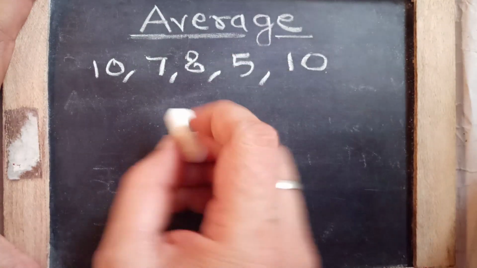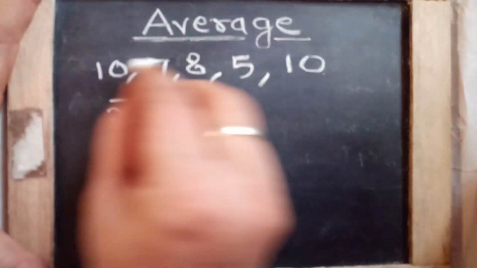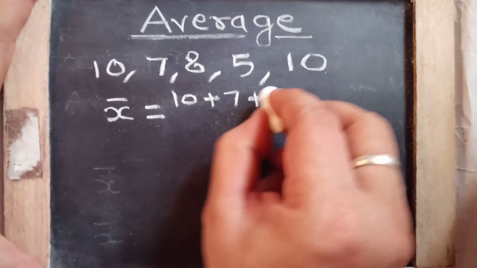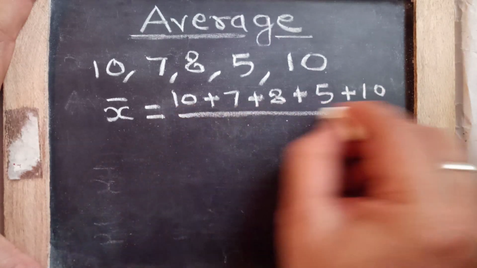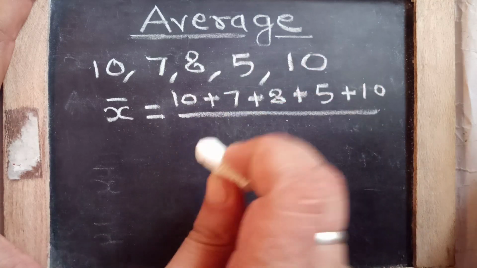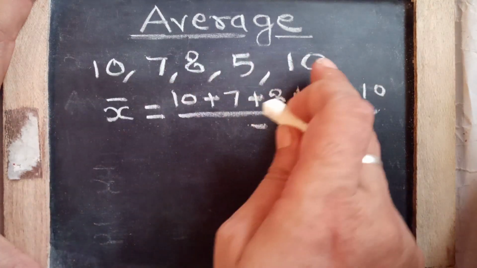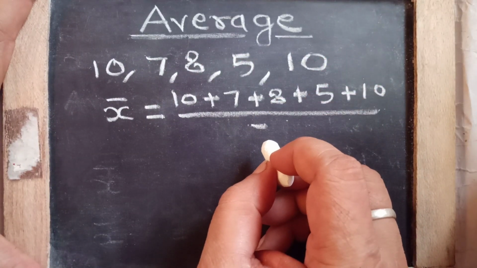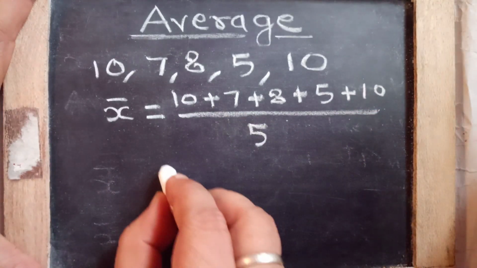The formula of average is x bar equal to sum of observations, 10 plus 7 plus 8 plus 5 plus 10, upon number of observations. There are n observations. Thus, n equal to 5. 1, 2, 3, 4, 5. Thus, the number of observations is 5.